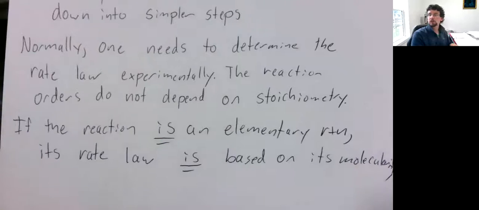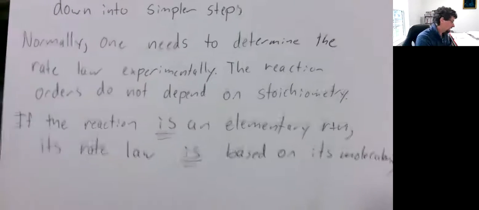Okay, so how do we determine if something is an elementary reaction or not? A lot of times in general chemistry, the question will state these are the elementary reactions, here's the overall reaction. So you'll get a list of different reactions.